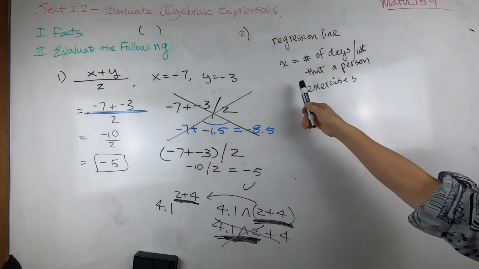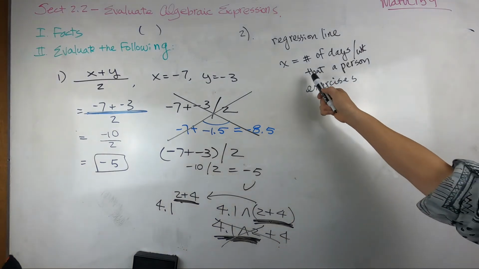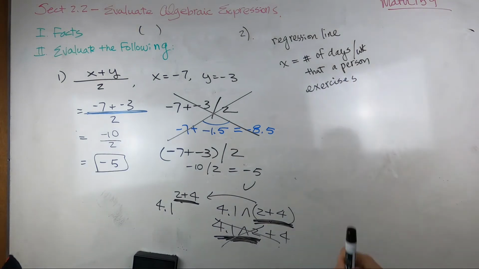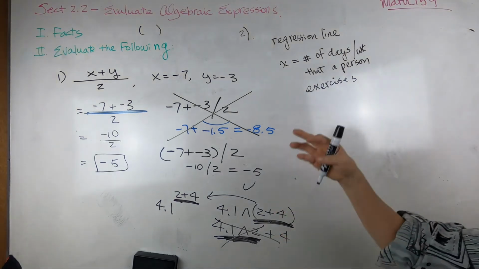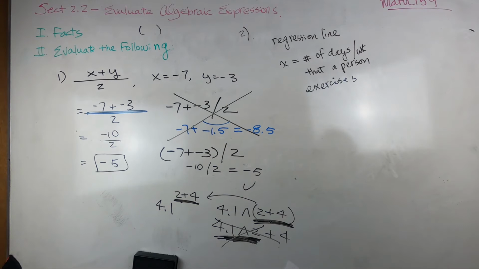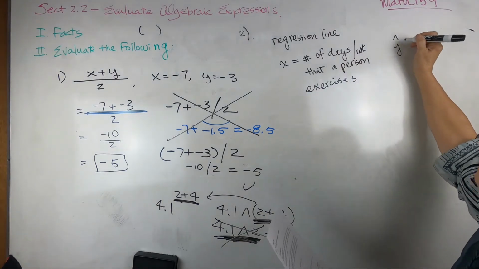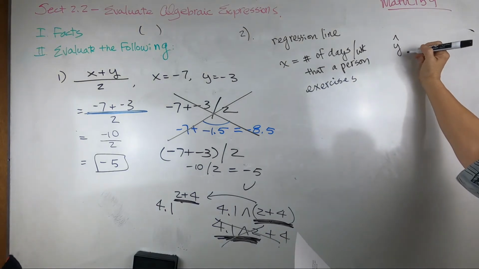So x means what? You use the symbol x to represent the number of days per week you exercise. If you exercise 2 days a week, x would be 2. If you exercise 3 days a week, that would be 3, right? Then a person is sick, so you have y hat. Stats uses that symbol a lot.